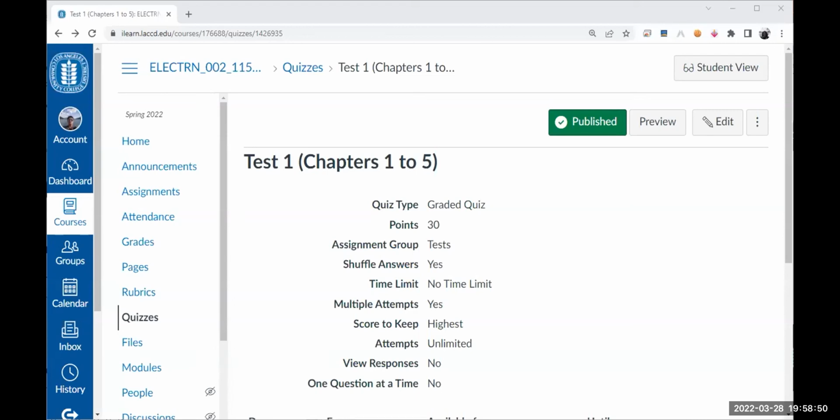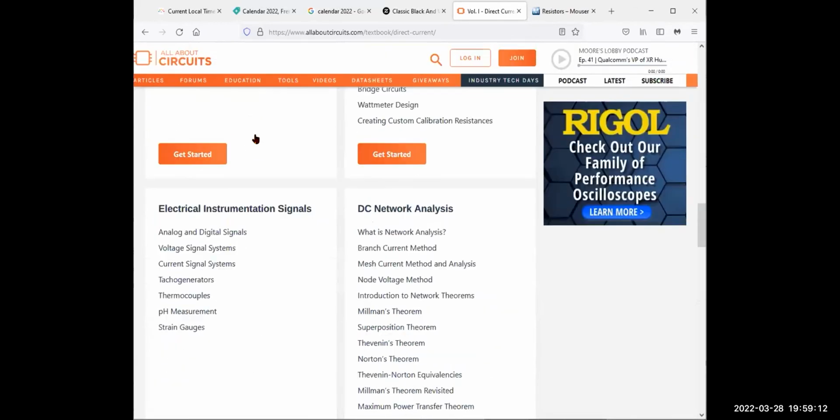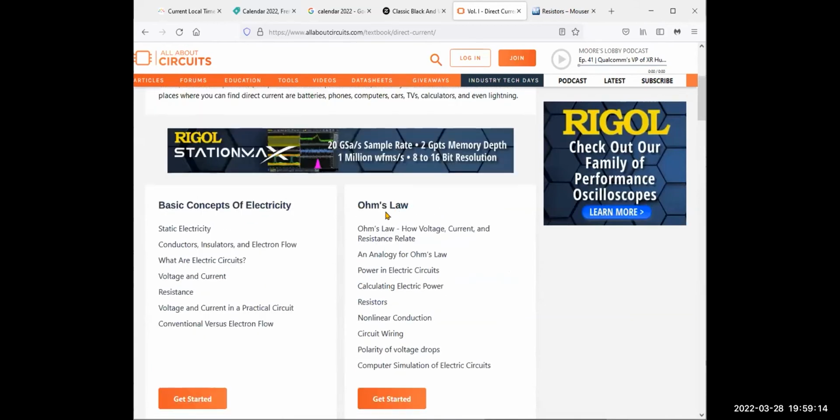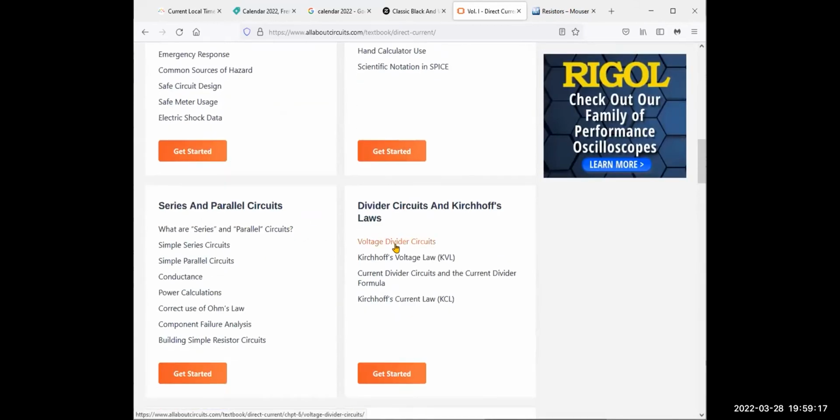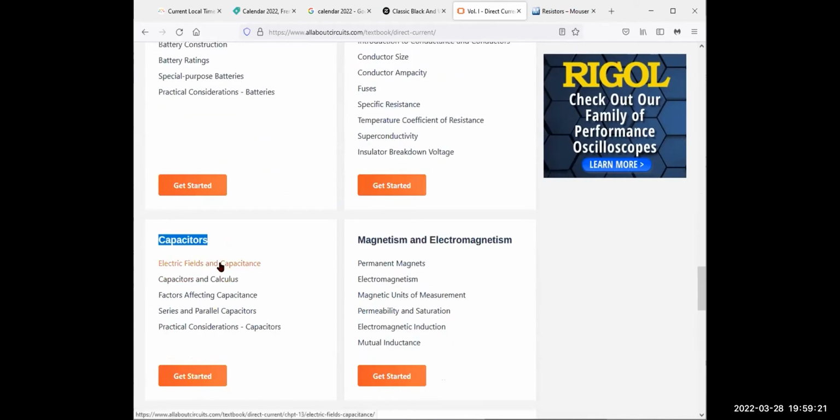On April 18th, we're going to cover an important and a little bit challenging chapter. It's chapter 12, I think. I forgot the chapter number. It's called capacitor. Chapter 11 or chapter 12. Let me count: 1, 2, 3, 4, 5, 6, 7, 8, 9, 10, 11, 12, 13.